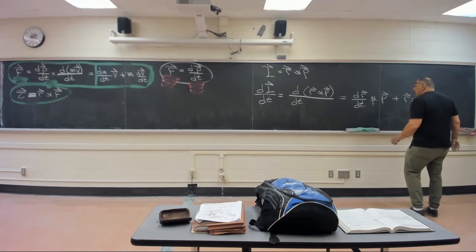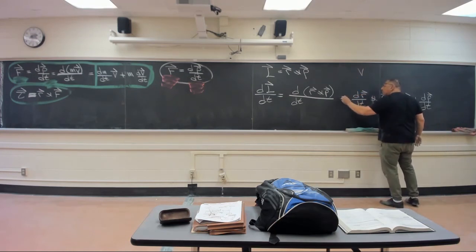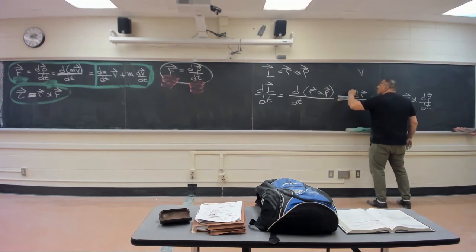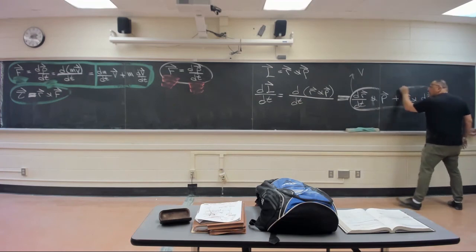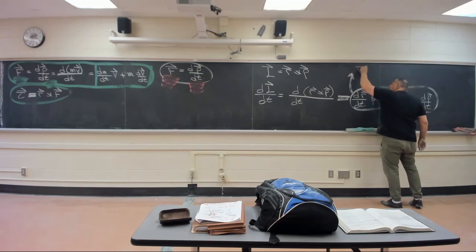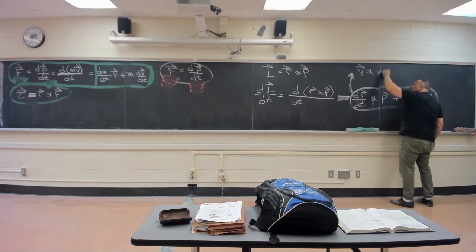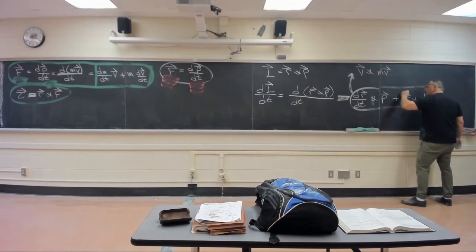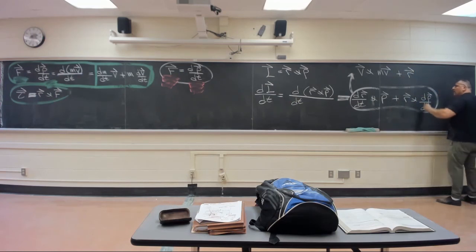Ladies and gentlemen, dr vector dt is V vector cross P vector, which is M V vector, plus R vector cross dp vector dt, which is F vector.